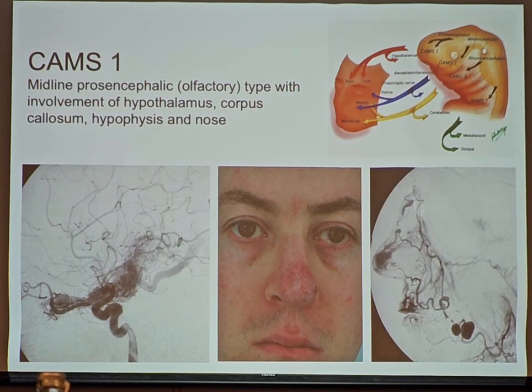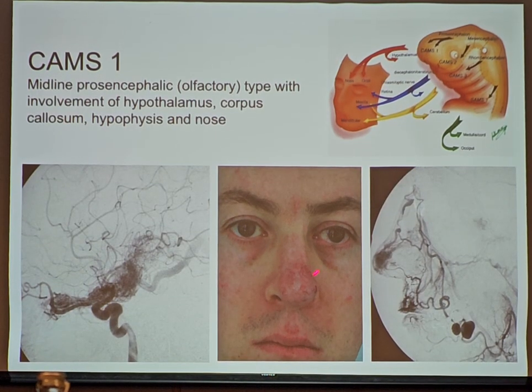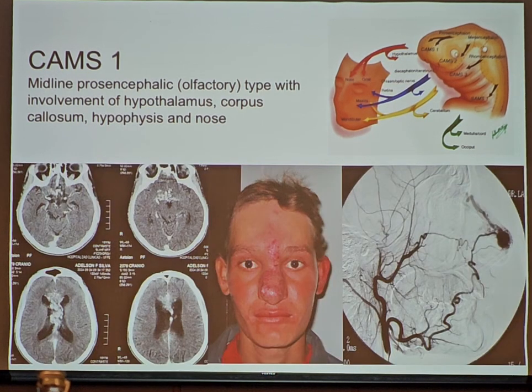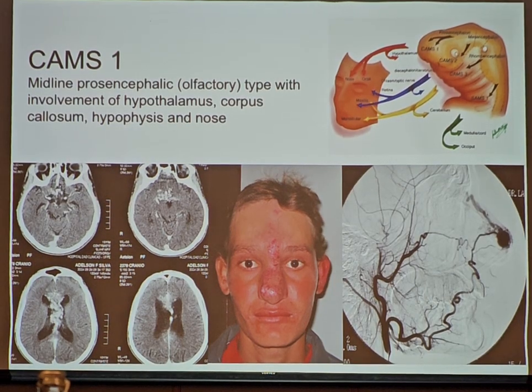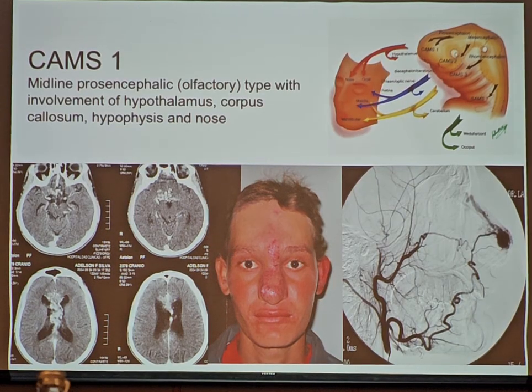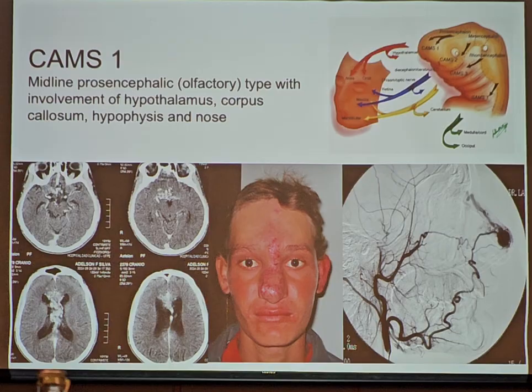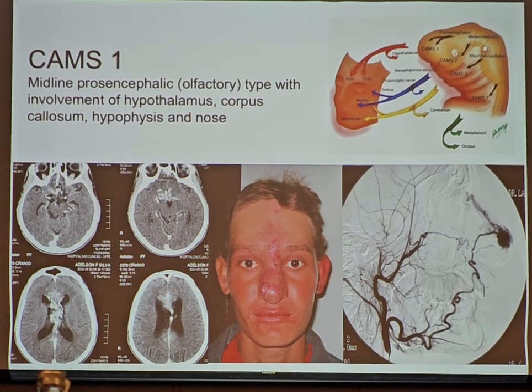Which means that if you have a nose AVM, there's a high likelihood for this patient to also have a midline AVM, a corpus callosum AVM, which is one of the reasons why whenever we are seeing a patient with a brain AVM for the first time, we should always inject the external carotid arteries to look for the potential of these metameric syndromes.